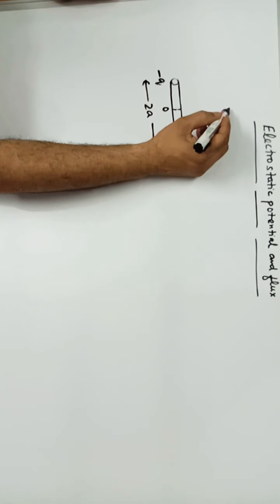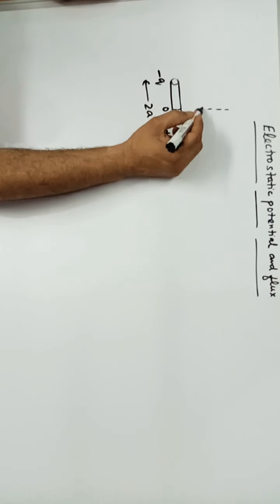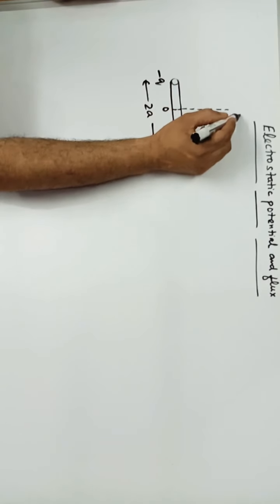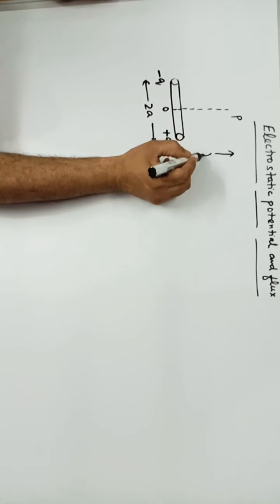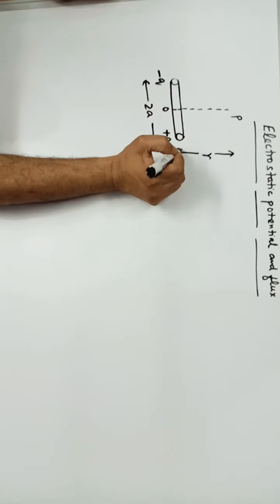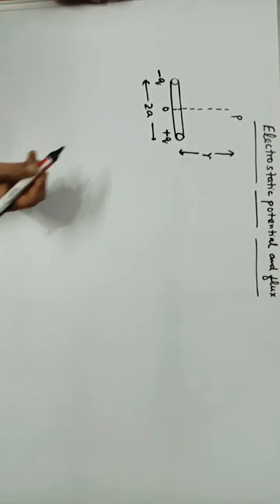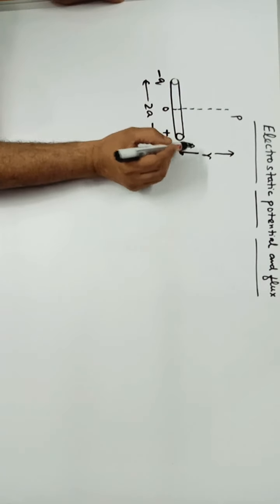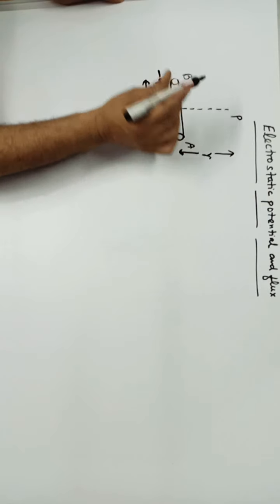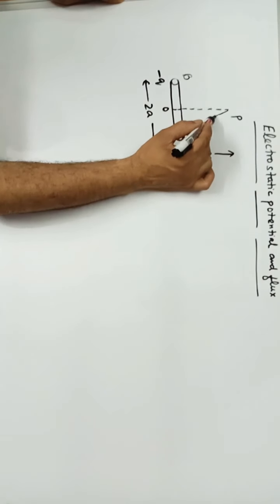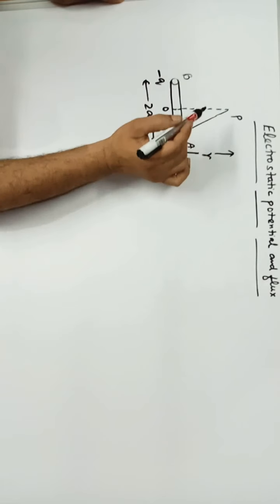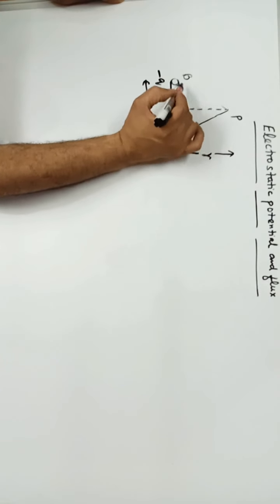On the equatorial line of the dipole, there is a point P, distance r from O, where we have to find the electrostatic potential. We join A to P and B to P.